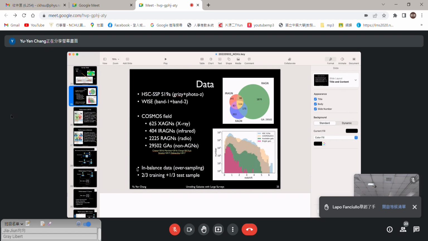In fact, AGN are a special population in a whole galaxy sample, and they are brighter at some specific wavelengths like X-ray, infrared, or radio.